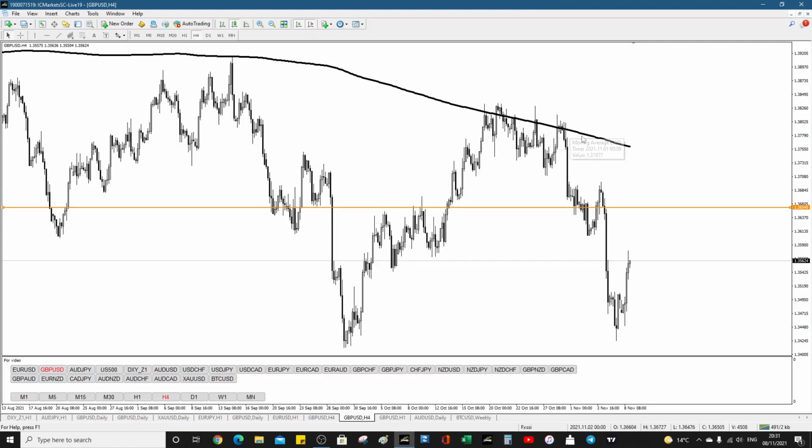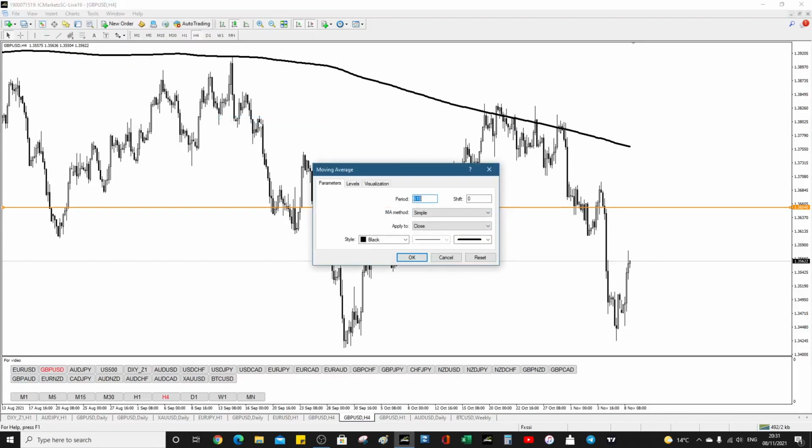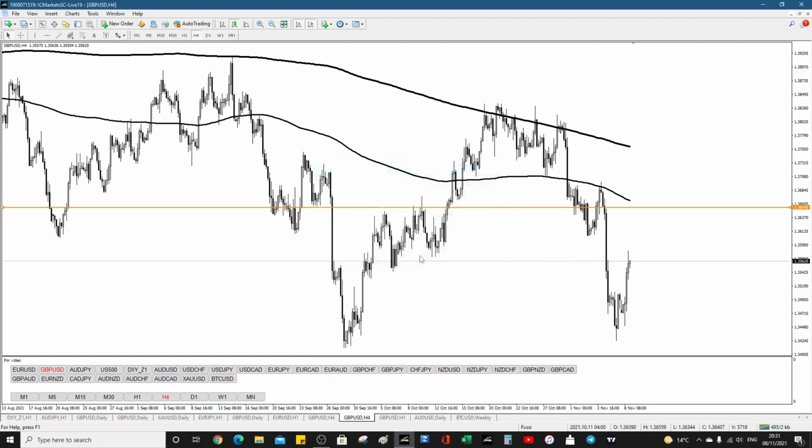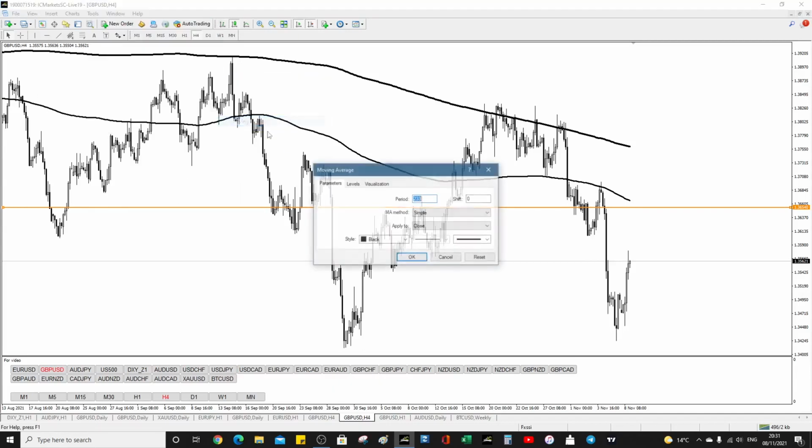So, multiple touches there on 610. Insert indicators, trend, moving average, and it's the third indicator, and that's 233. Less thick, and there we go, right? Insert indicator. Now this is the key. This last one is the 55-day moving average, and you'll see how I'm slightly hesitant about buying this.